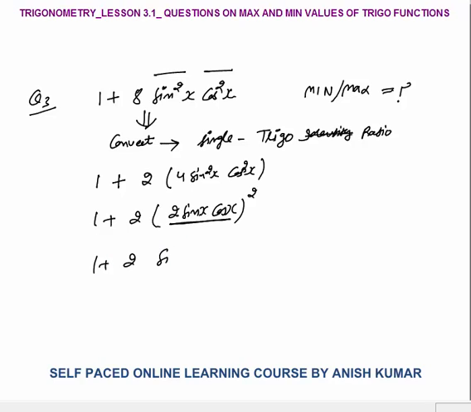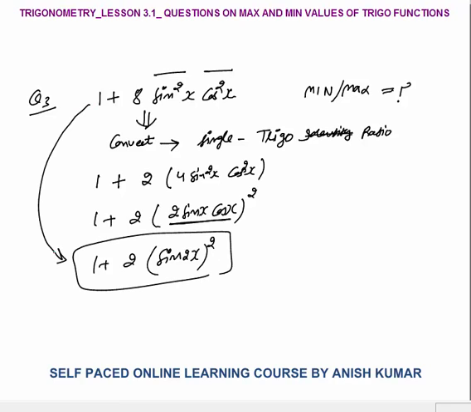This is equal to sin 2x whole square. So that is what I got. Now original function was 1 plus 8 sin square x cos square x. I converted this into 1 plus twice of sin 2x whole square. Now this is a single trigo ratio, sin 2x, sine function. Now I can easily calculate the minimum and maximum value.